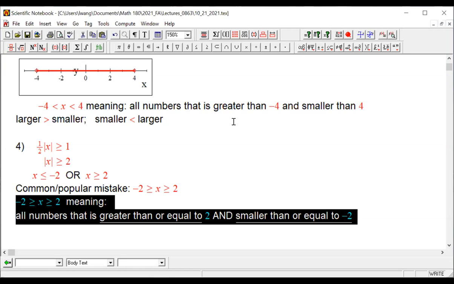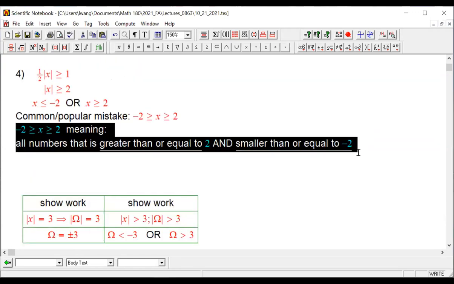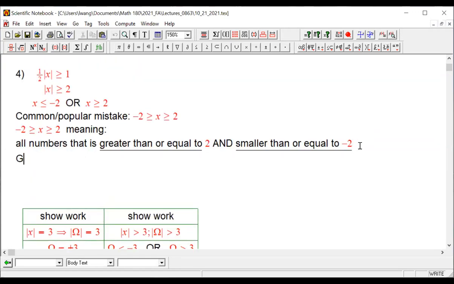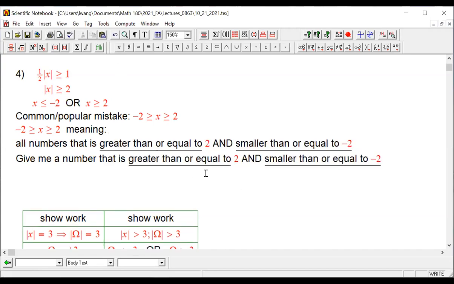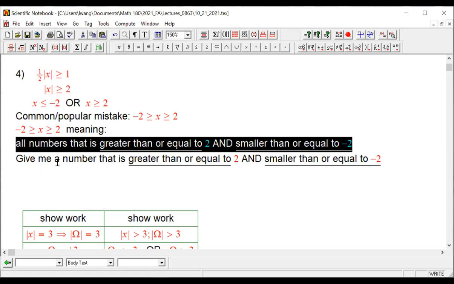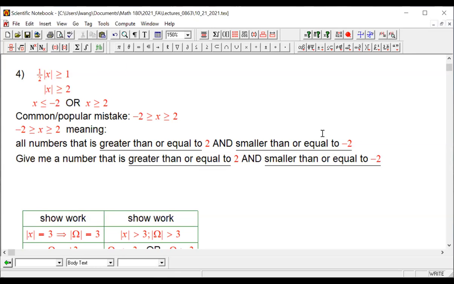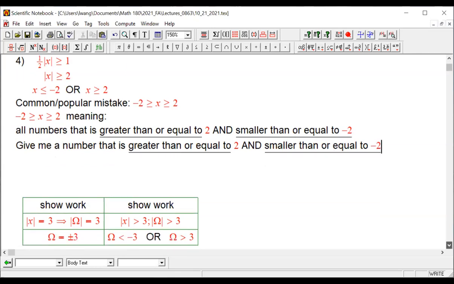After you write it down, give me a number that is greater than or equal to positive 2. After you write down this sentence, I want you to give me a number that fits that description. Can you give me a number like that?